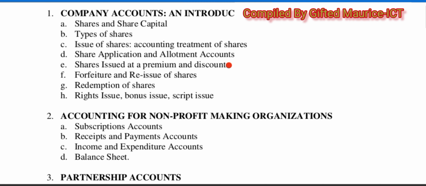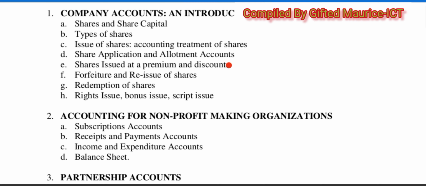So if that is going to be the case, then how are we going to maintain the accounts of issue of shares in installments? In the issue of shares in installments, it will depend on the policy of the company: how many installments there will be, and even the value of each share that is being issued.